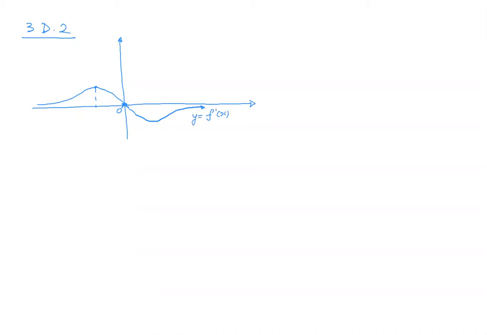There is a stationary point here. I call it A, and here I call it B. And it passes through the origin. So now, can you sketch the f(x) graph for this one?